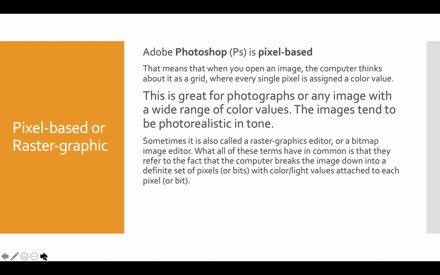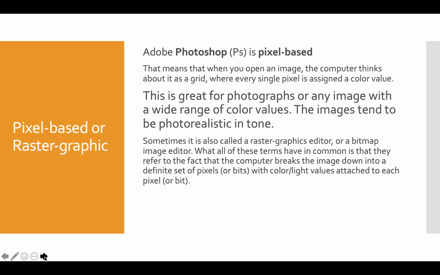That process is called rasterizing. It's by taking it from the vector and making it into this grid. So that's why it's called raster based. Again, bitmap, it's mapping to those particular bits or the particular pixels. So that's where pixel based comes in.